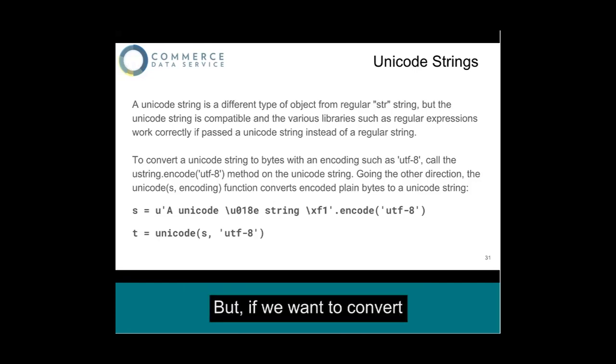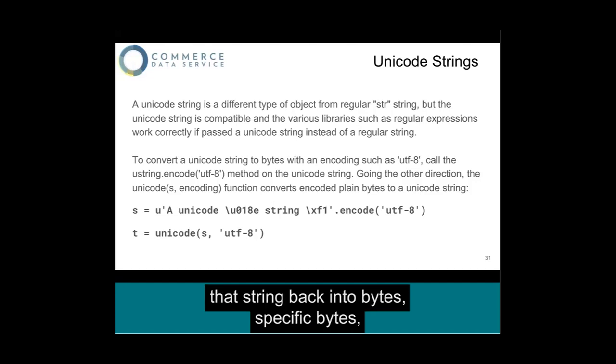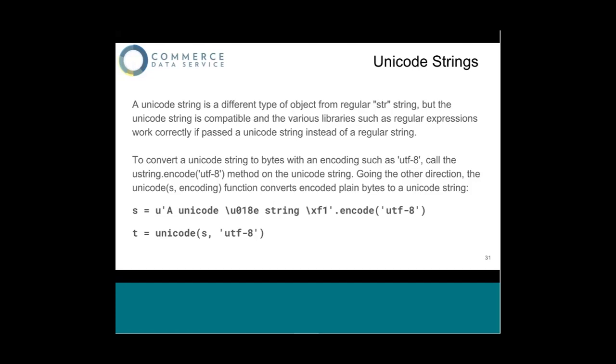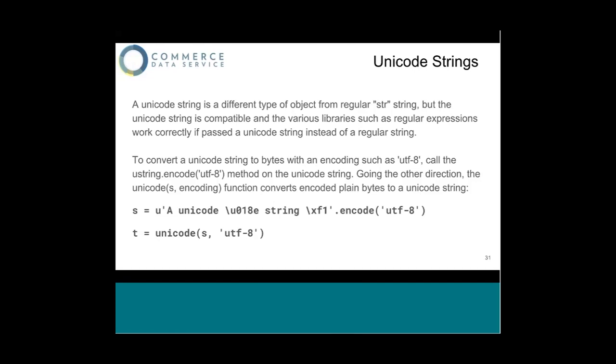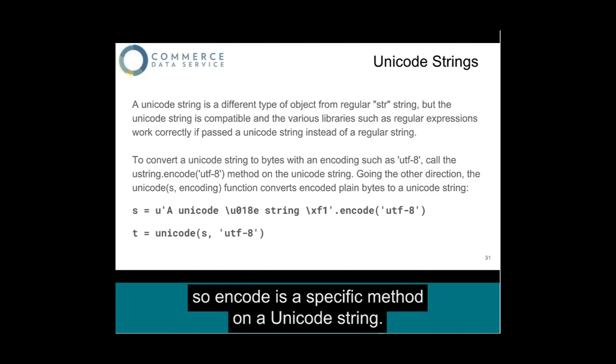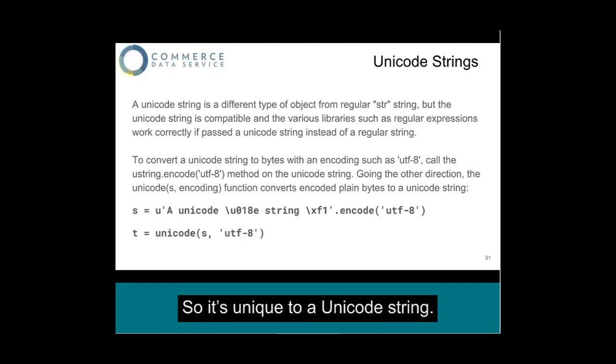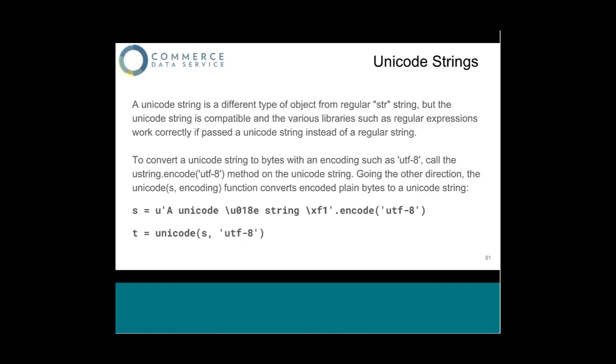But if we want to convert that string back into specific bytes, the way to do that is to call a very specific encoding of it. So encode is a specific method on a Unicode string, so it's unique to a Unicode string.